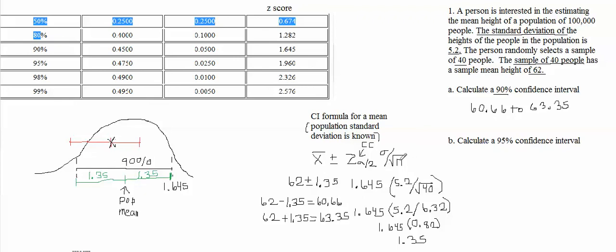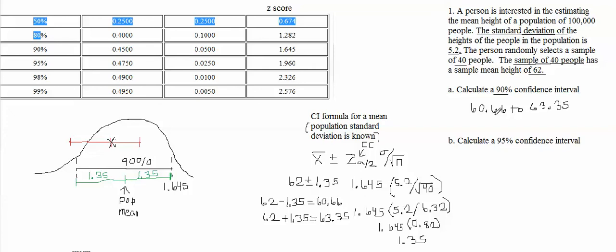So when the n goes up, the margin of error gets smaller, and what that does is it makes the confidence interval narrower. So the width of the confidence interval also depends on the sample size. It becomes narrower as the sample size goes up.